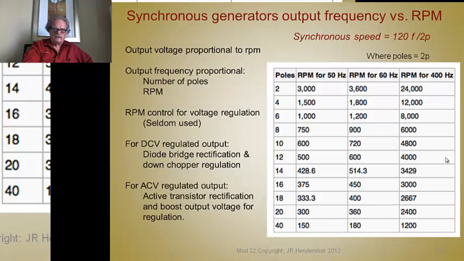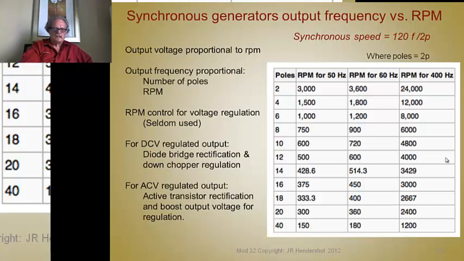So if you want 400 hertz out of the generator, which is what you want on aircraft, they have 400 cycle AC, if you want 400 hertz AC with no converter to rectify and regenerate the AC, then depending on the number of poles, that's the speed you've got to run it at to get that frequency.